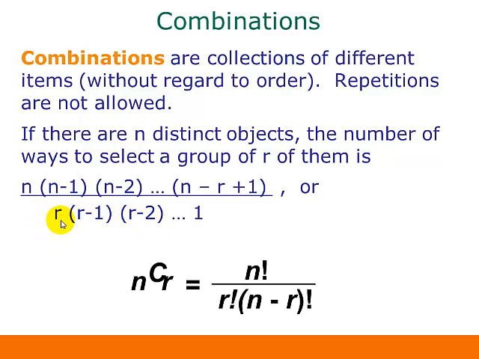So it starts with r, and then we have r minus 1, r minus 2, and so on until we get down to 1. The actual formula for combinations looks like this. On your calculator, you'll see it as NCR, and the formula is n factorial over r factorial times n minus r quantity factorial.